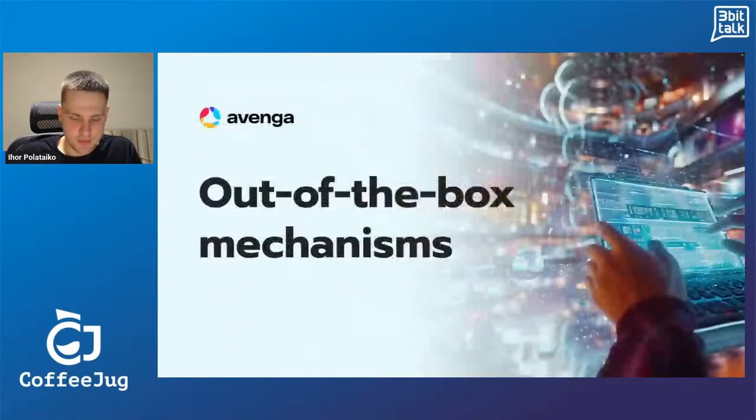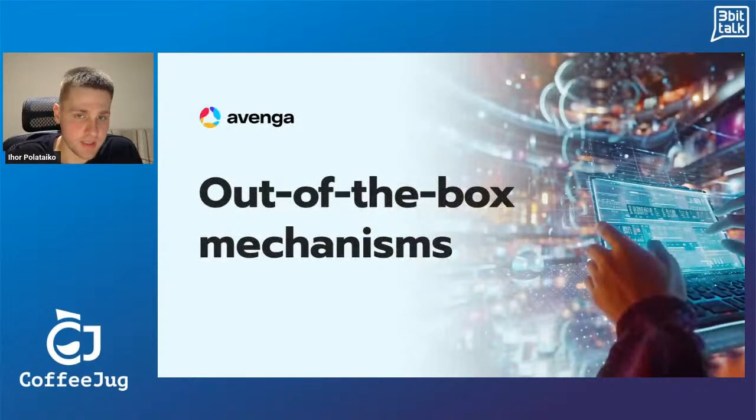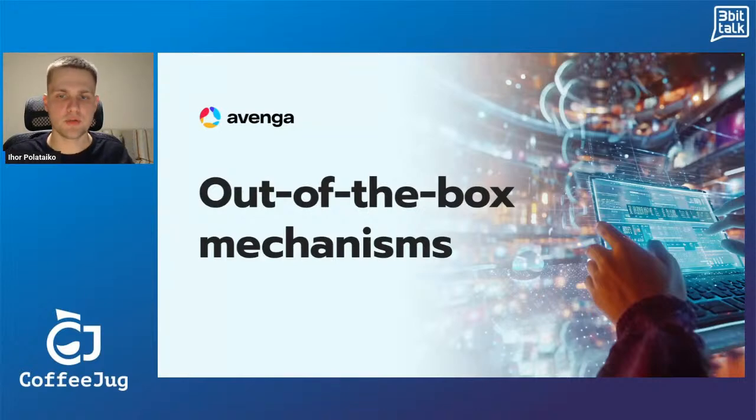So, out-of-the-box mechanisms. The Spring Security team has created for us a couple of authentication mechanisms, which are both not that simple to implement and similar between different projects, with only some subtle differences on how the authentication logic itself should be handled.